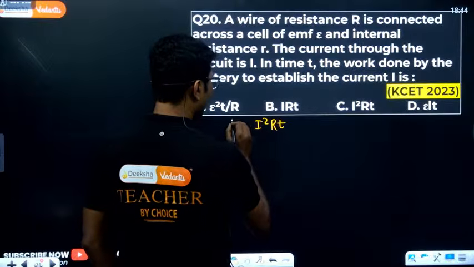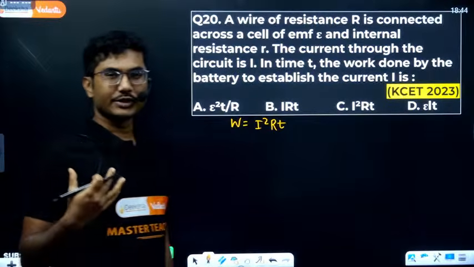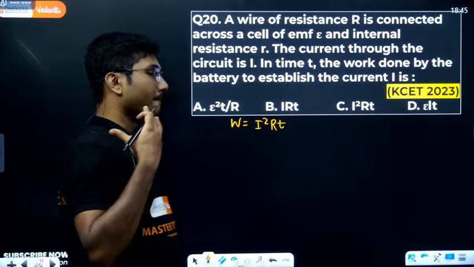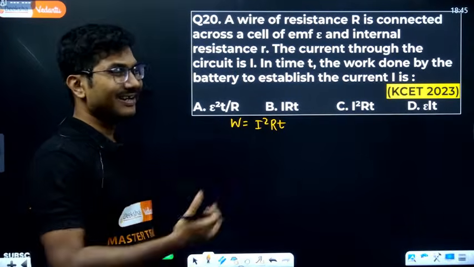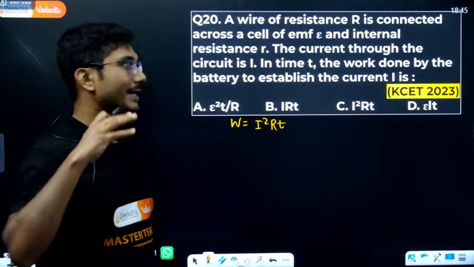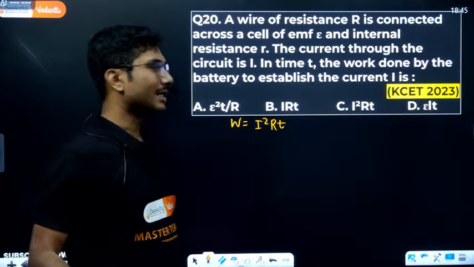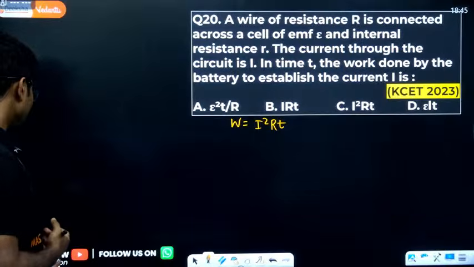This is the energy that is being used in the resistor, external resistor, internal resistor, whatever is there, that part is actually getting wasted. The actual effective work done to establish the current is I square R T.